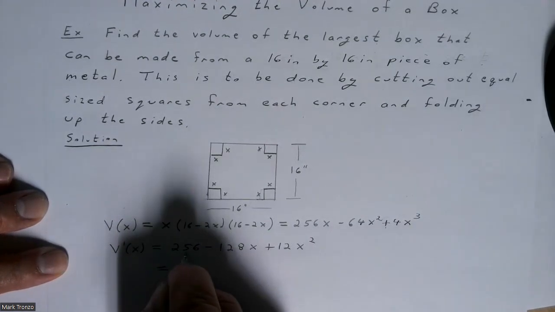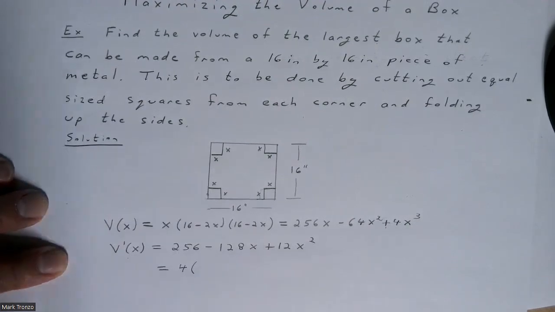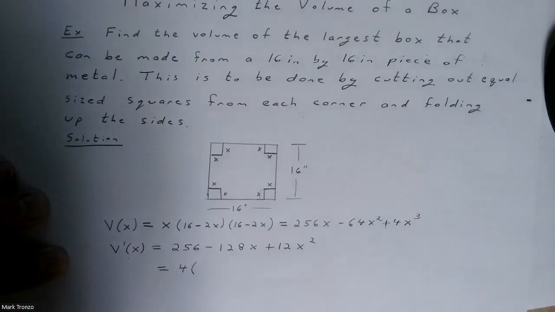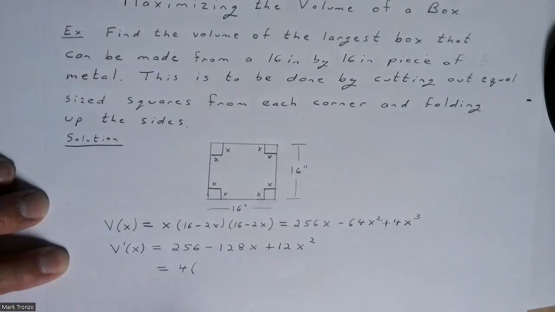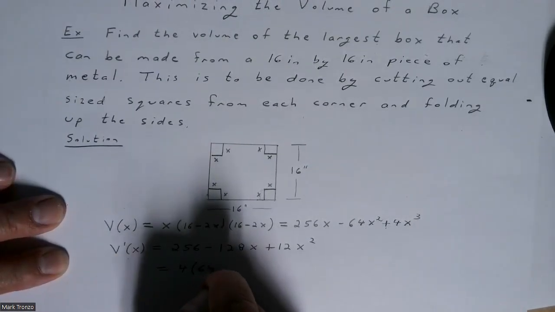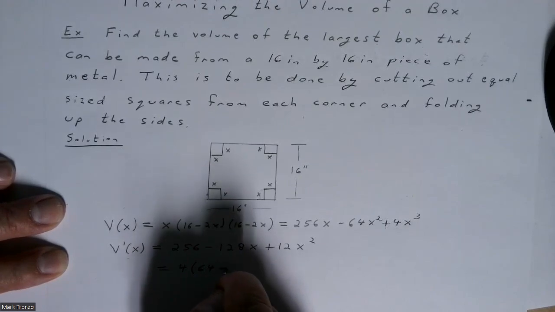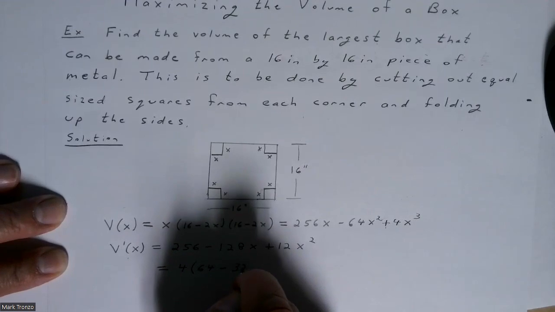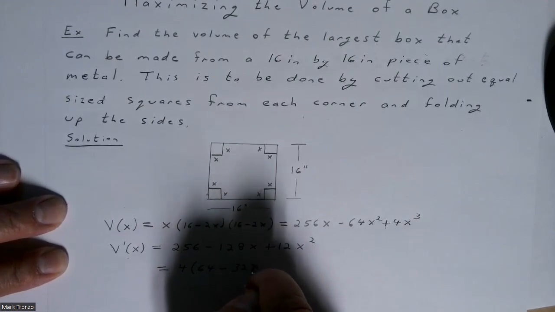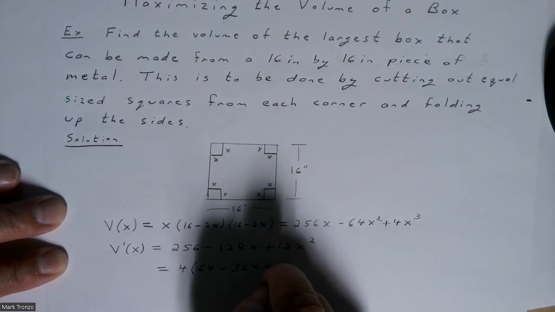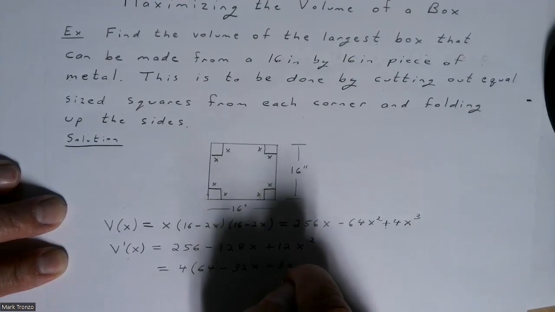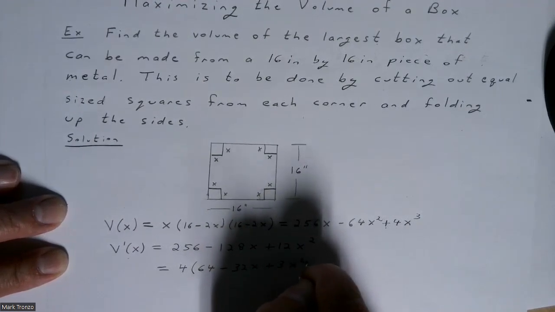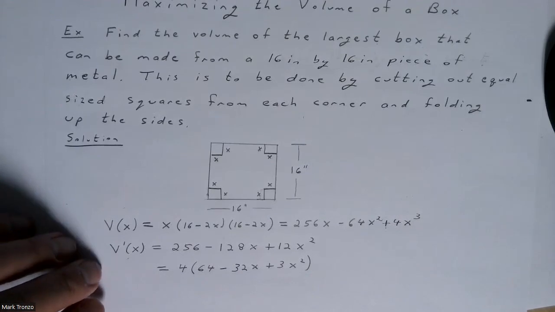We can factor out a 4, and that leaves us with 64. And when we factor 4 out of here, this gives us 32x, and factor 4 out here, of course, that gives us 3x squared, like that. That'll make it a little bit easier.